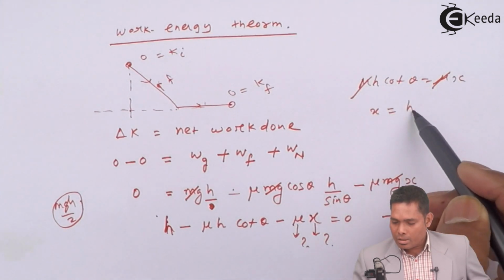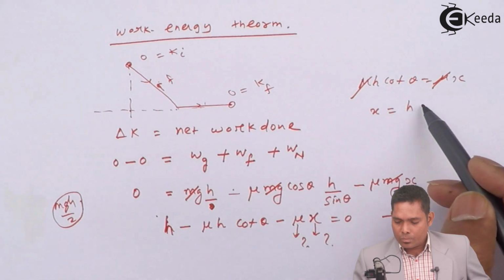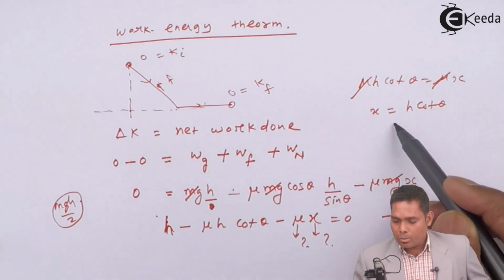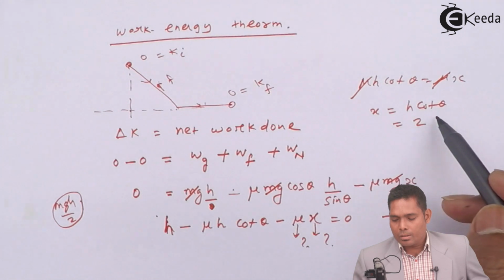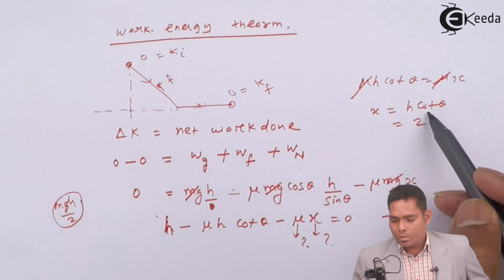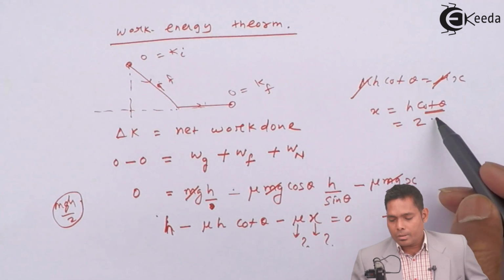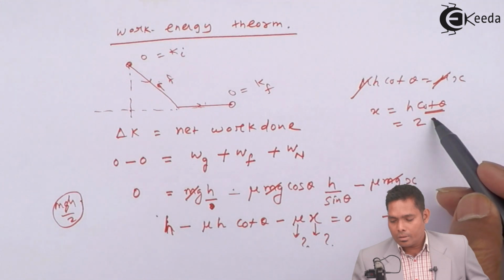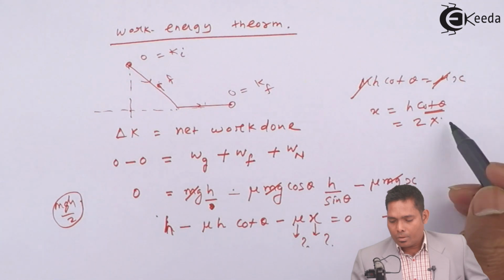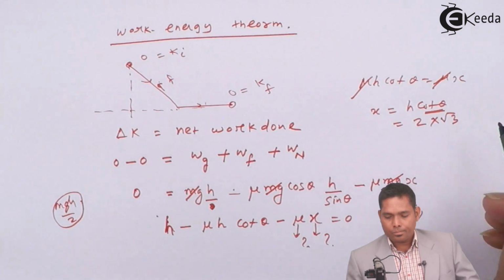x is h cot theta. I'll put the value: h is 2, cot theta is cot 30, and cot 30 is root 3.